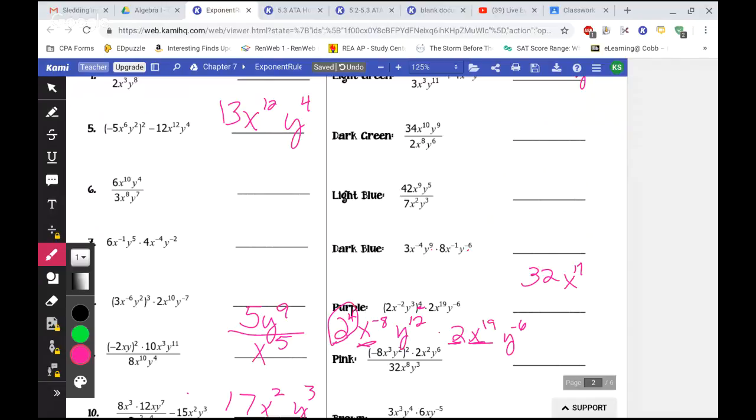And then y to the 12th combined with a negative 6 is y what? 12 plus a negative 6. 6. Good job. So your final answer is 32 x to the 11th, y to the 6th.